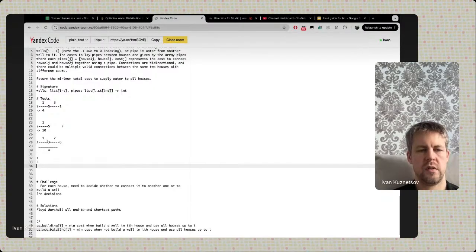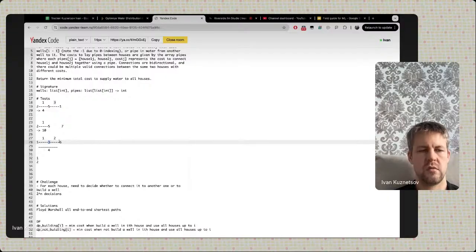Then we are expanding this node further, and there will be 6 as one price, and then 1 plus 4 another price, 5, and then 1 plus 1, 2, plus 2, 4. This will be another price.